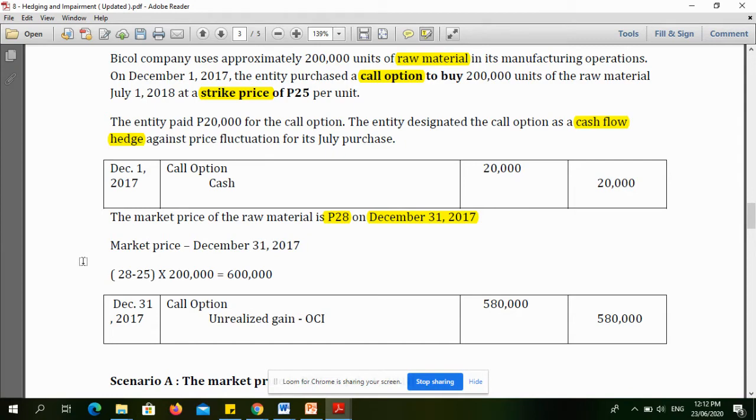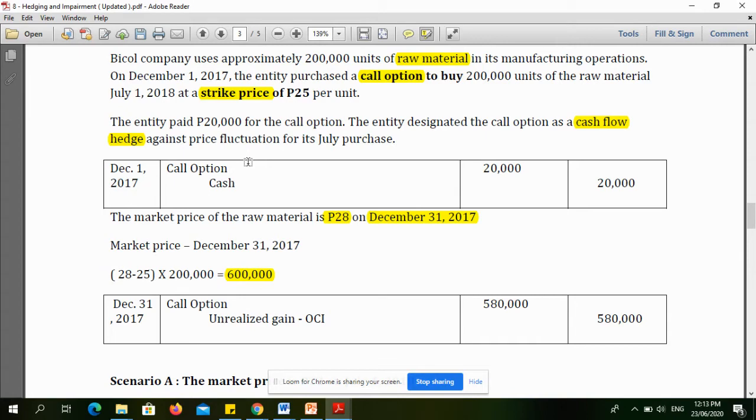So this is a gain. So what we did is 28 pesos minus 25 pesos. Yung 25 pesos, this is the strike price. So the 25 pesos is the strike price times 200,000 units. So it means that the value of the call option will already be 600,000 pesos. But remember, di ba, nag-recognize na tayo ng call option during December 1 because this is the date of purchase.